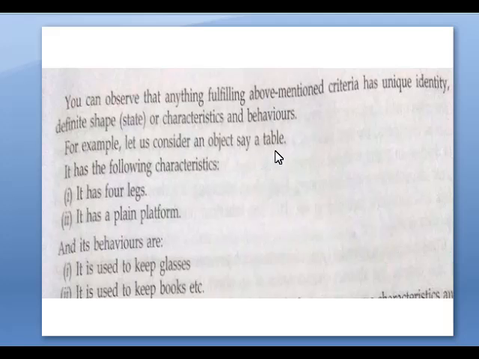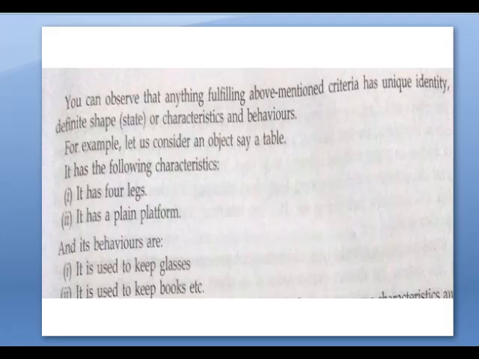And the behavior of this object is it is used to keep glasses, anything we are able to keep. It is used to keep books, etc. So the table is used to keep something on the plain platform. These are some of the behaviors and characteristics of the real world object table.